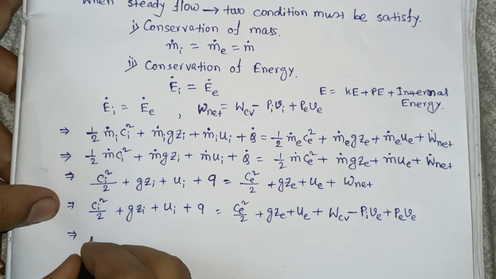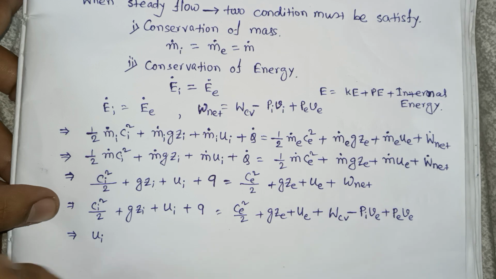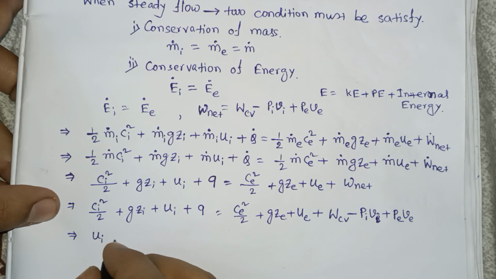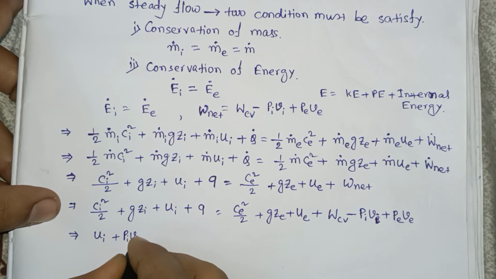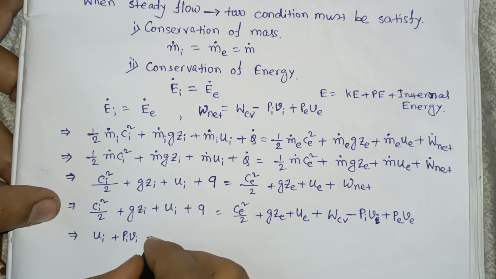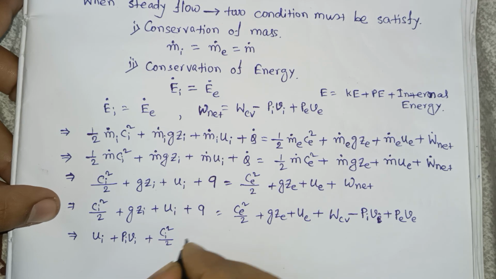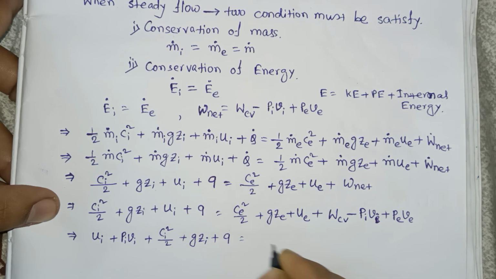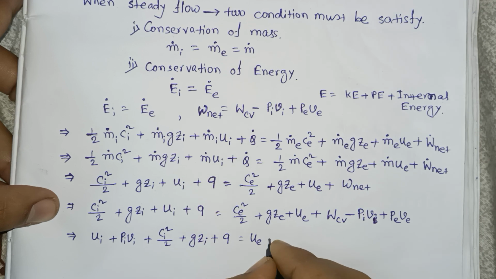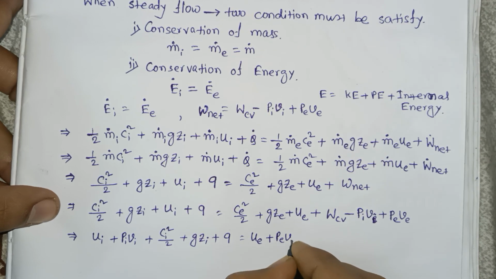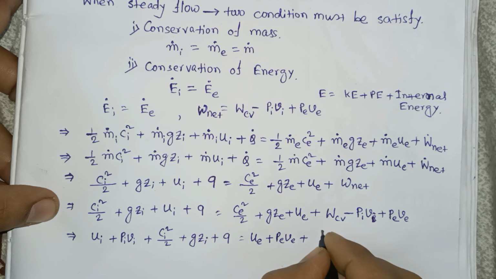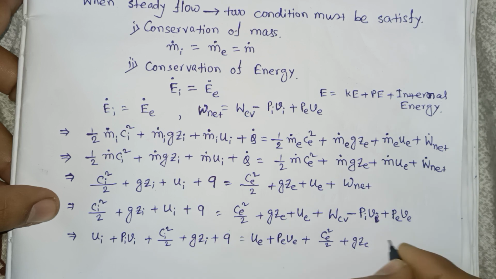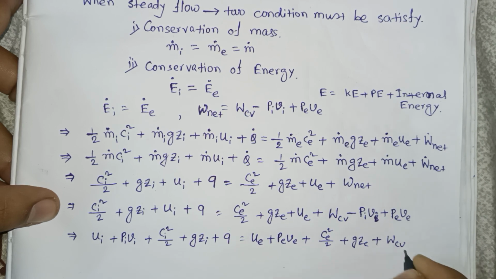Ui and Pi vi on the left side, plus Ci square by 2 plus g Zi plus Q, is equal to Ue plus Pe ve plus Ce square by 2 plus g Ze plus W of control volume.